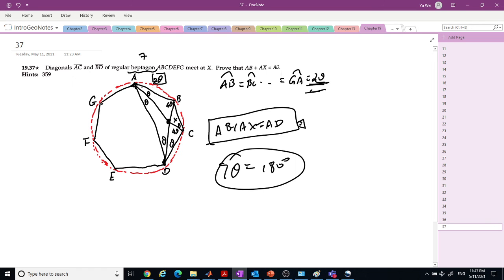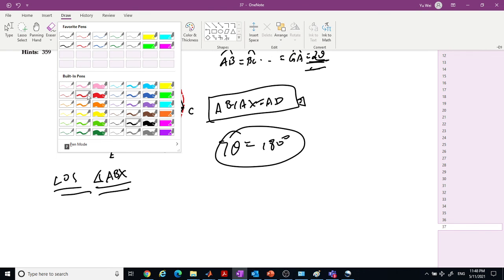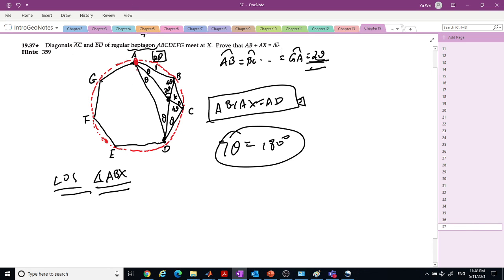Okay, so we can use the law of sine on the triangle, right? So let's apply law of sine on triangle ABX. Okay, so let's assume the side length is 1. Okay, make it simple. So here its angle is 2 theta, right? Because this is the exterior angle of the ADX.